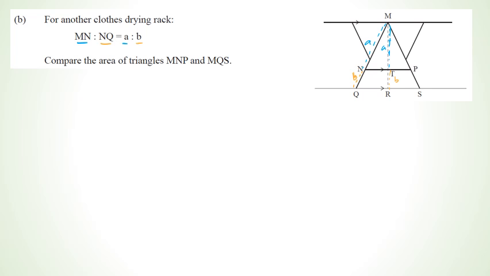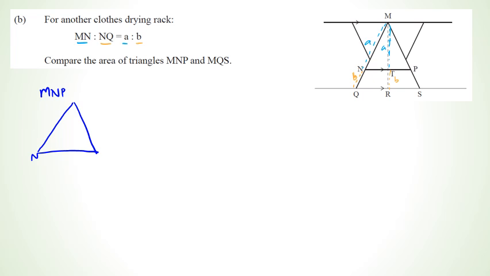So let's deal with the height, just the height of this triangle. That's MT and then MR. If I put MT as A, then TR would be B. Okay, so now I'm going to work out the area of the triangle MNP.